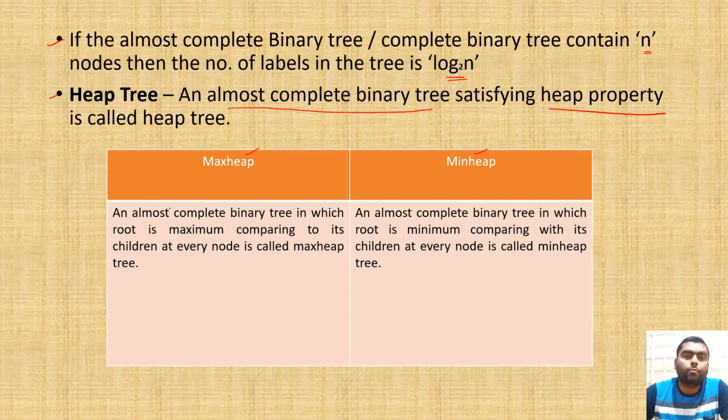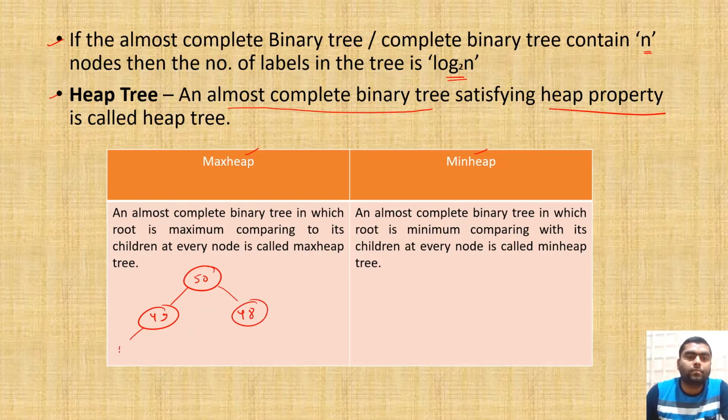The max heap property says an almost complete binary tree in which the root is maximum as compared to its children at every node is called a max heap. Let us suppose this is 40. This is 50, this is 49, and this is 48.